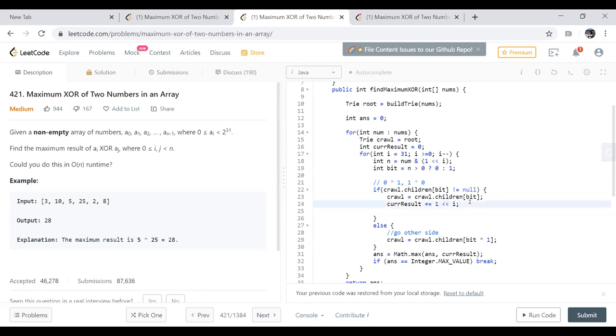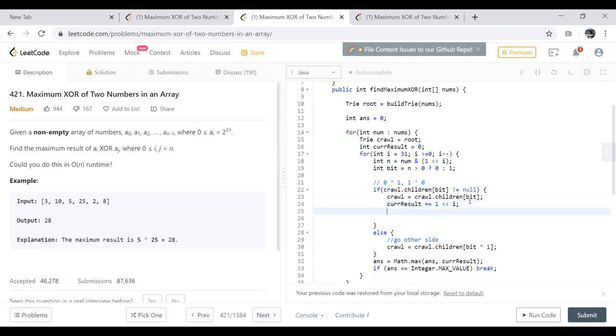And it could be done in two different ways. One is this, and the other I could have also done is current result equal to current result OR something. I'm doing an OR operation here. Basically, I just want to put that as part of my answer if it is a 1.